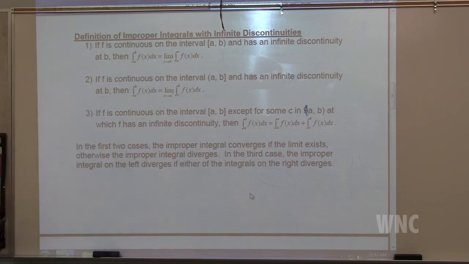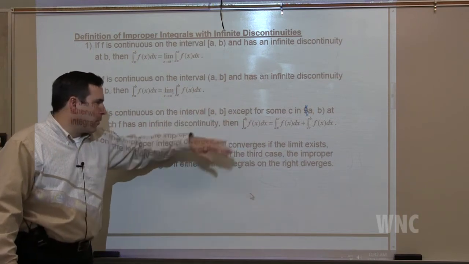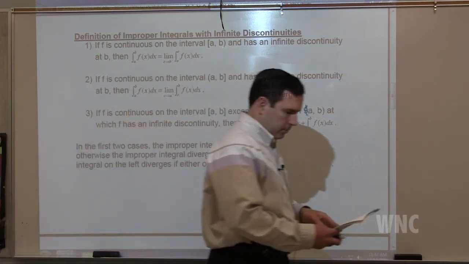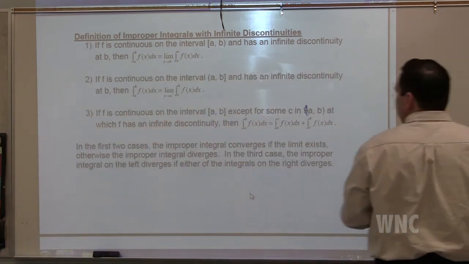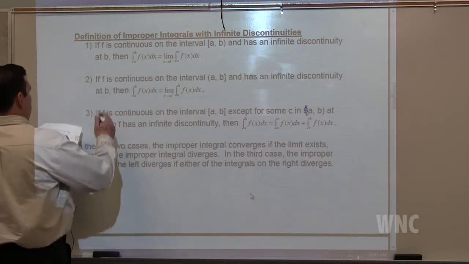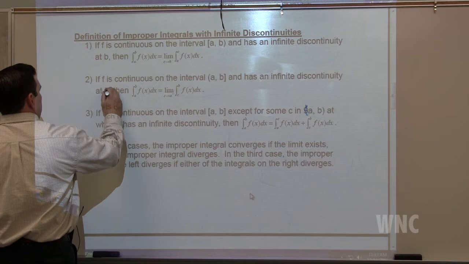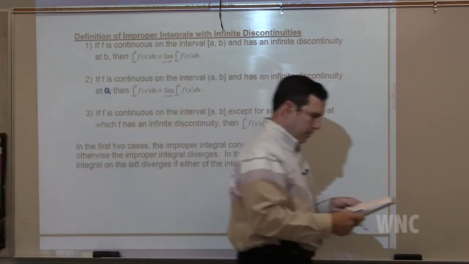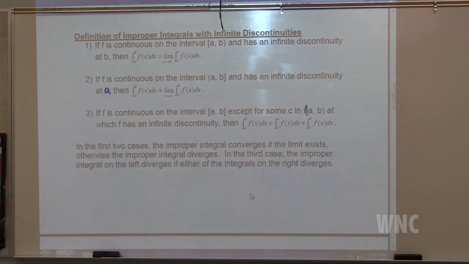In the first 2 cases, the improper integral converges if the limit exists. Otherwise, the improper integral diverges. Third case, the improper integral will converge if they both converge, but it'll diverge if only one of them diverges. And there's a typo here that should say an a. So it says approaches a, or has discontinuity at a.